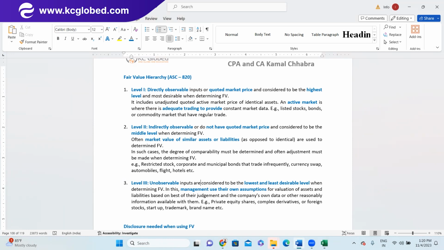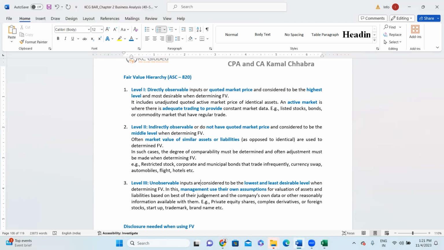Based on the assumptions considered by the management, right? It is not on the quoted price, it is not on the similar or identical price, it is based on the assumptions taken by the management for the calculation of the respective asset or liability, right? So this is about level 1, level 2 and level 3. Any doubt here?